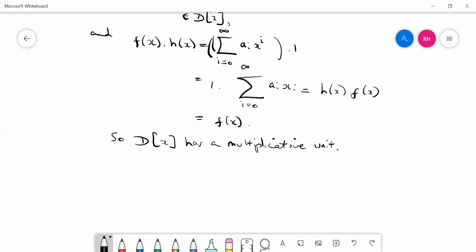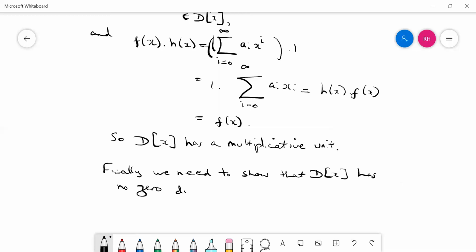Okay, now finally, we need to show, this is the hard one, that D[x] has no zero divisors. To be clear, because this gets a bit complicated: finally, we need to show that D[x] has no zero divisors.